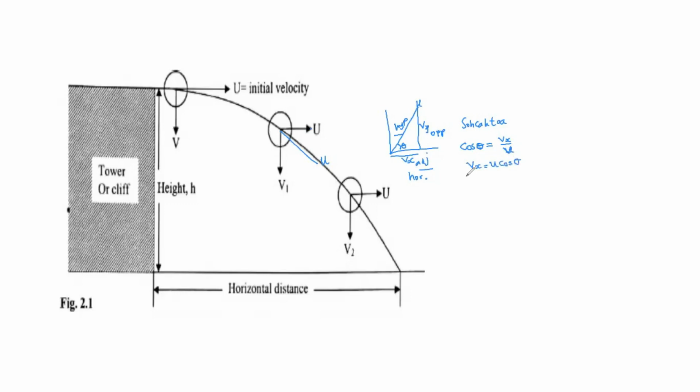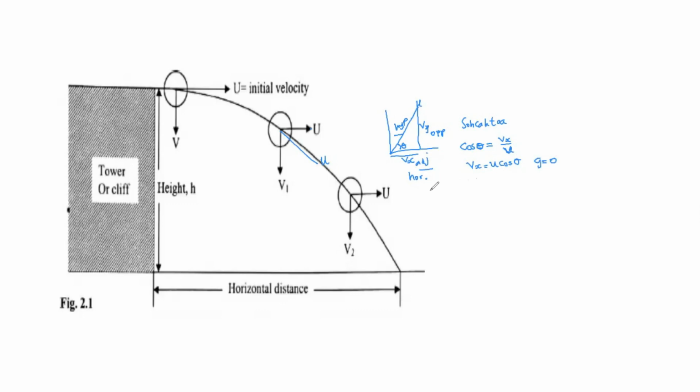So that is the horizontal component. And along this horizontal component, you need to understand that g is equal to zero, because it's not under any influence.